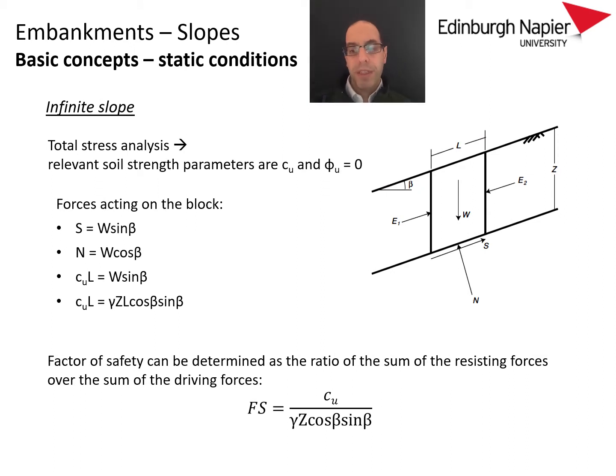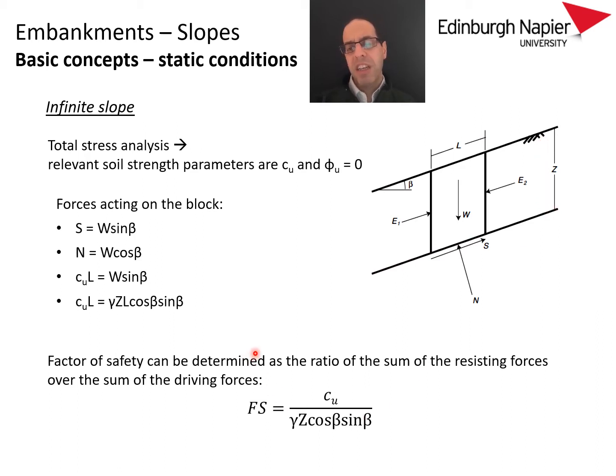Once we have identified the forces, we then solve the equilibrium in the direction perpendicular and parallel to the slip surface, which we assume is this straight line parallel to the ground surface at a depth z.